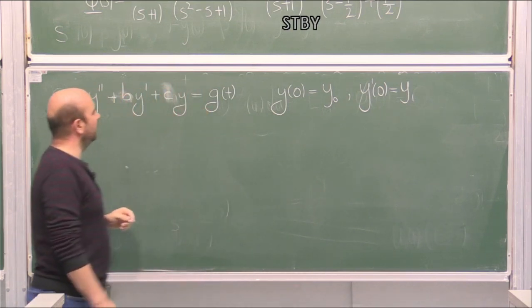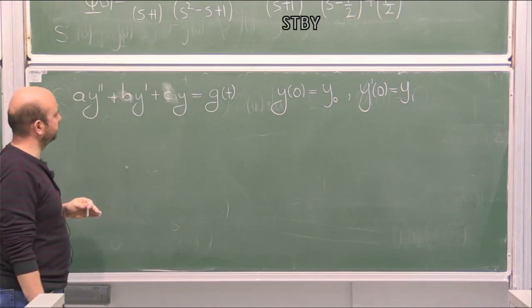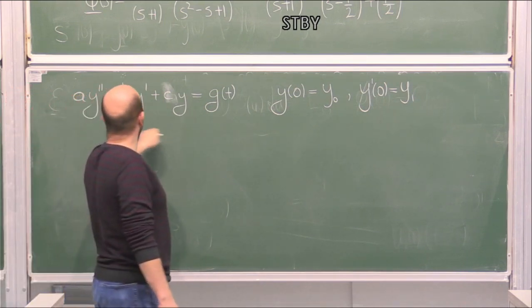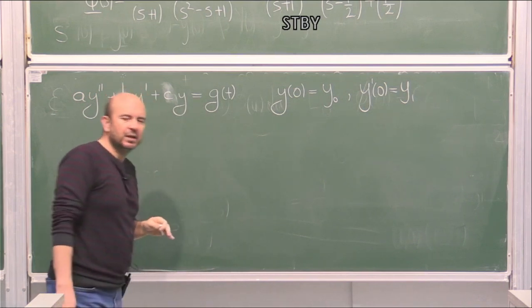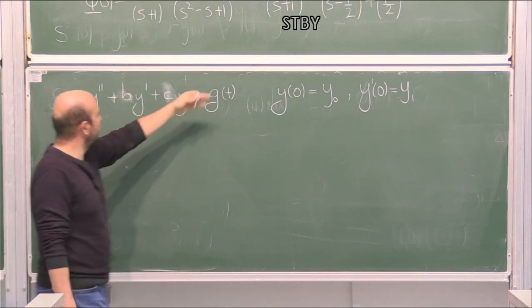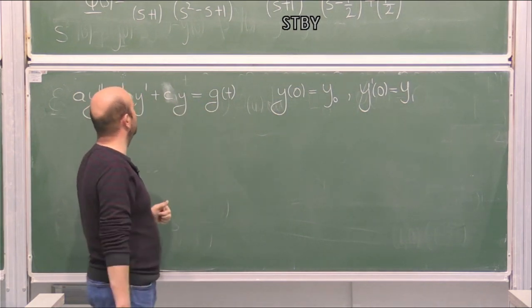So what do we do now when we use Laplace? This will give us something in terms of s, and then also we take the Laplace transform of the right side, we solve the problem, and then we take the inverse Laplace.